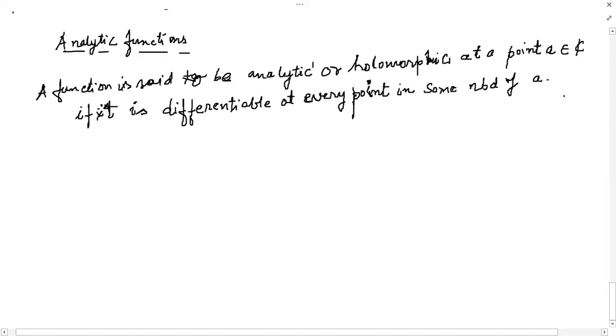When we are talking of differentiability, it can be differentiable at a point. But when we are talking of analytic function, then it must be differentiable at that point, and also in some neighborhood. And when I'm talking in some neighborhood, it implies at each and every point contained in that neighborhood. So only then the function is said to be analytic.